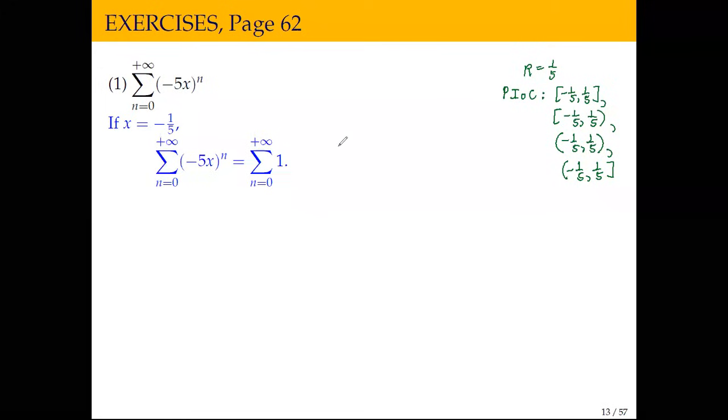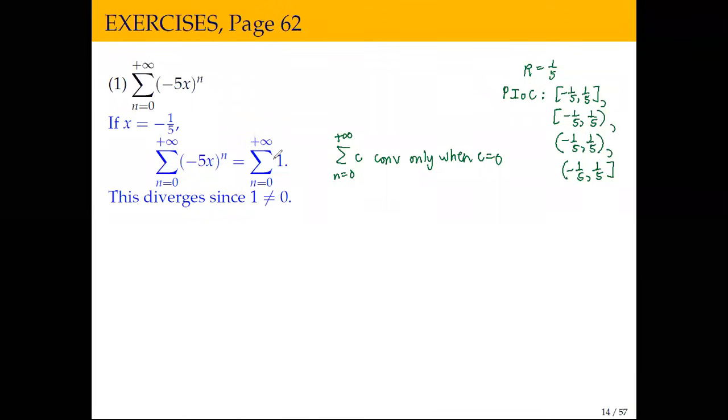Recall that whenever we have this infinite series, where c is a real number, this infinite series converges only when c is equal to 0. Since 1 is not equal to 0, we say that this infinite series diverges. Thus, negative 1/5 is not included in the interval of convergence. So, tatanggalin na natin itong possibility na ito, pati na rin dito.